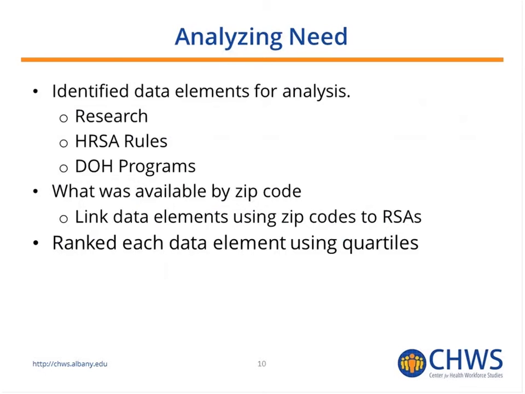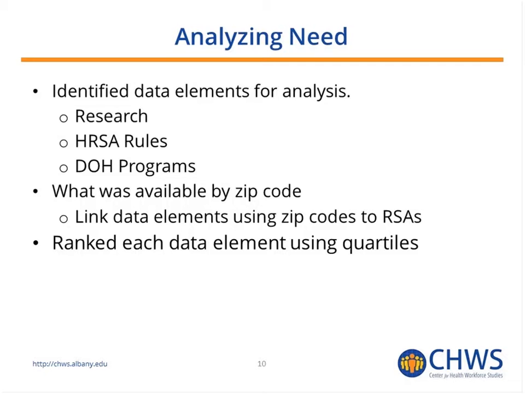We also looked at what data elements might be available by zip code. If we had something only available statewide, it wouldn't make sense. We did end up with one data element that was county, partly as a teaching moment, partly because we thought it was a good indicator.